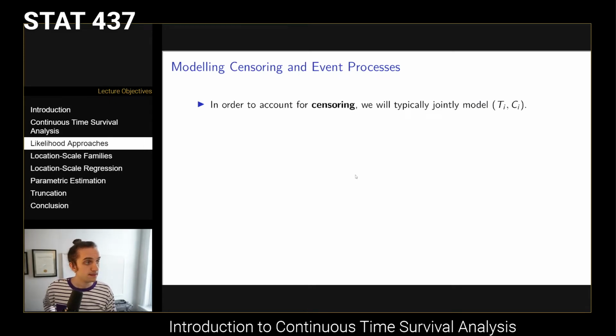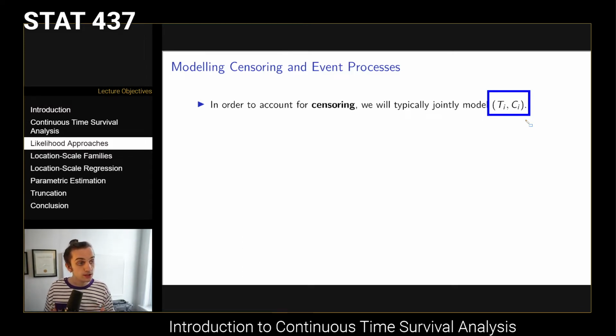And so we have to think about all of the same types of hurdles that we've been dealing with this whole time. Primarily this means censoring. In order to account for censoring in general, we need to jointly model the distribution of Ti and Ci, Ci being our censoring time, Ti being our event time.